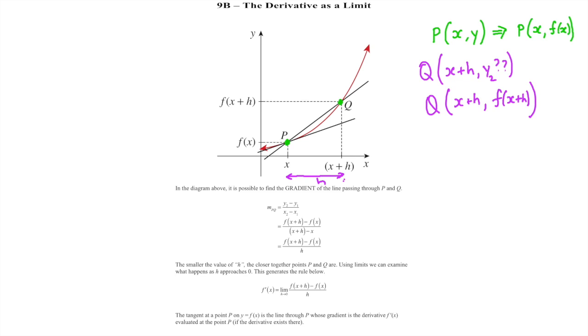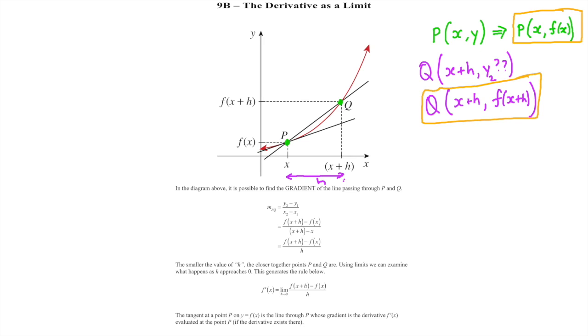So when you look at this particular question now, you can see we've actually got 2 points. Here is our first point. Here is our second point.